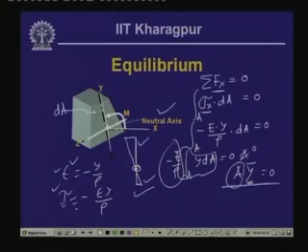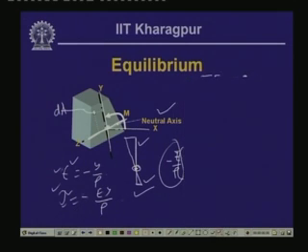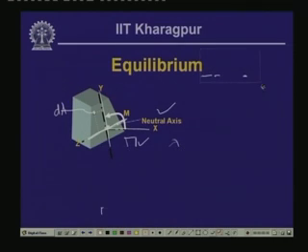The other equilibrium equation which we can have is the moment equation. Now, this is the beam segment which we are assuming, having a moment here which is m, and here we are considering the force which is sigma x times dA.